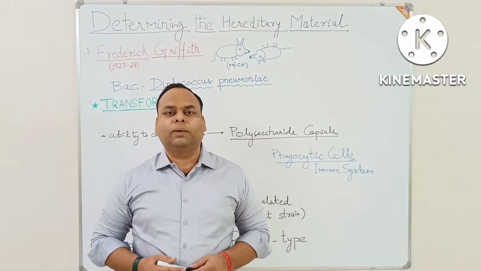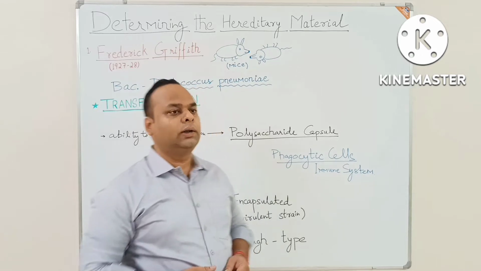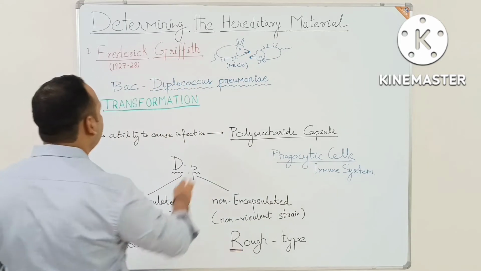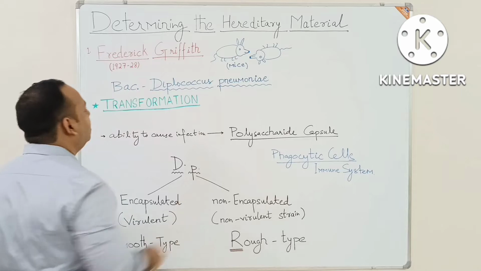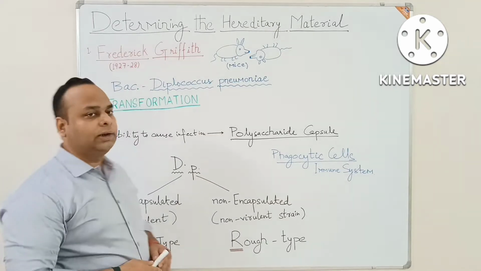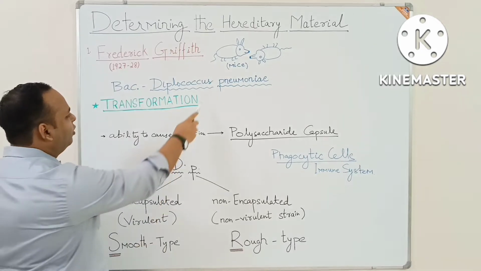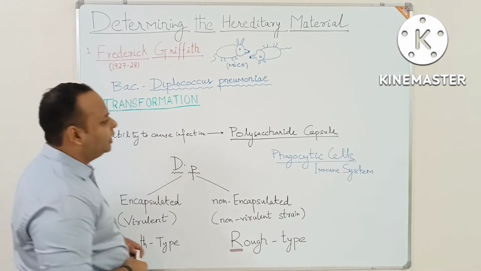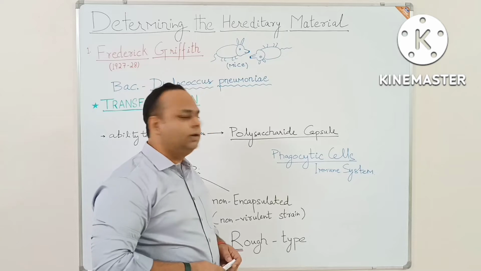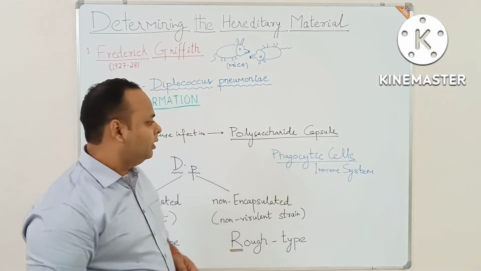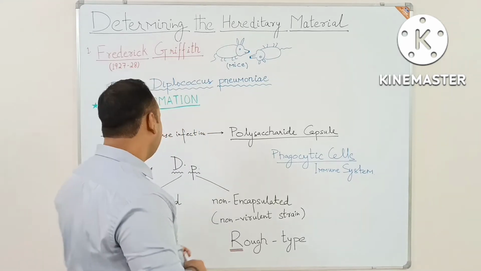The first experiment was done by Frederick Griffith using mice and the bacterium Diplococcus pneumoniae. This experiment led to the discovery of transformation. The virulence of Diplococcus pneumoniae depends on a polysaccharide capsule that protects it from phagocytic cells of the immune system.